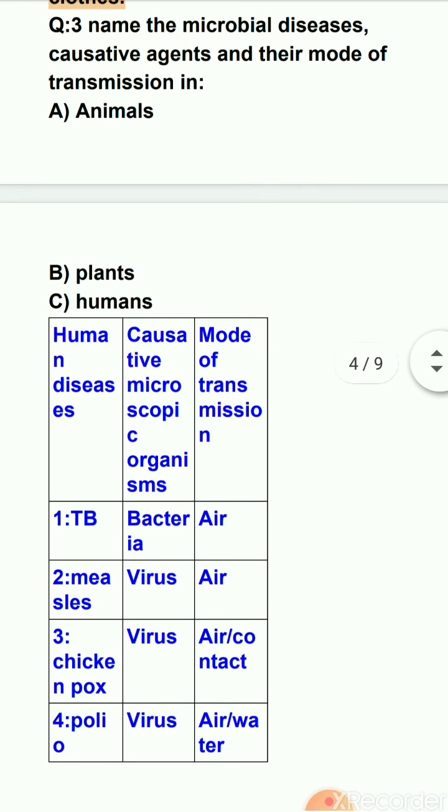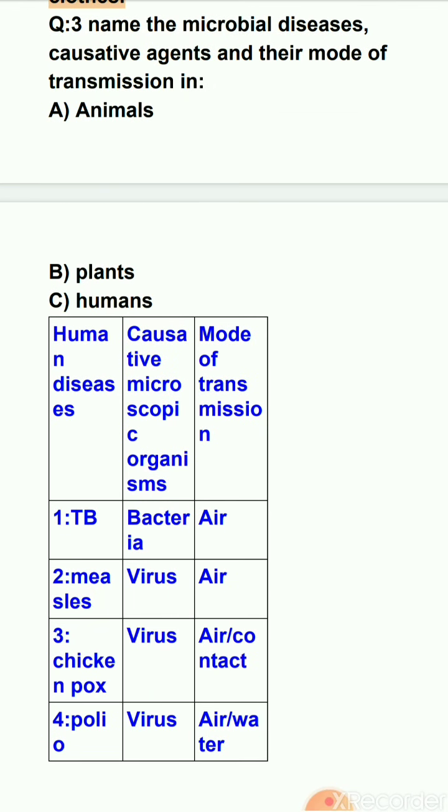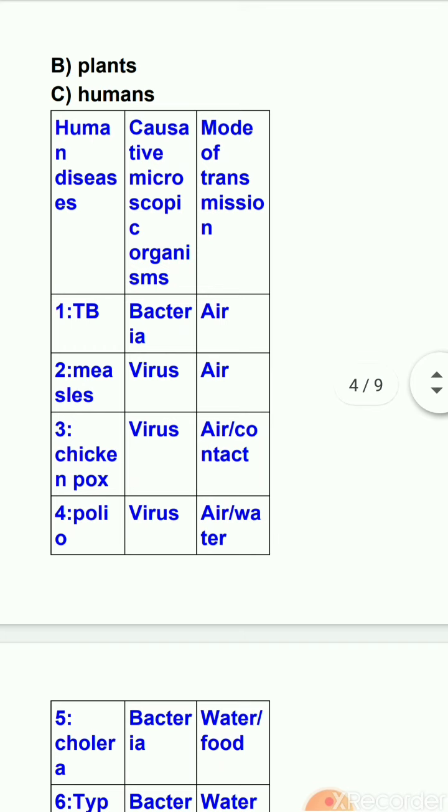Name the microbial diseases, their causative agents and their mode of transmission. That is given in your book in a tabulation: human disease, causative microorganism and mode of transmission. Like TB, the causative microorganism is bacteria, mode of transmission is air.